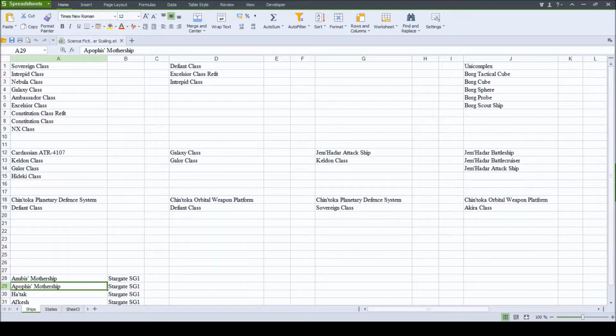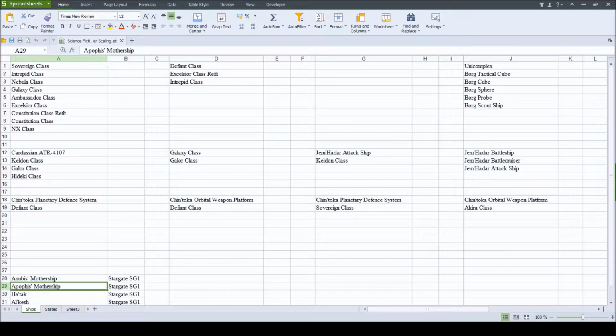We can see that different franchises have different concepts of scale. For example, the Galactic Empire in Star Wars has a much bigger fleet than most of the main powers in any of the eras of Star Trek, with the possible exception of the Borg.